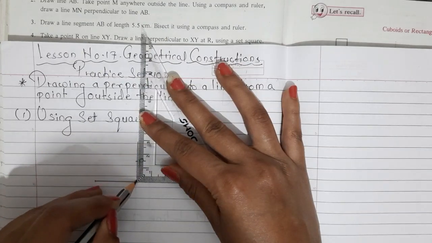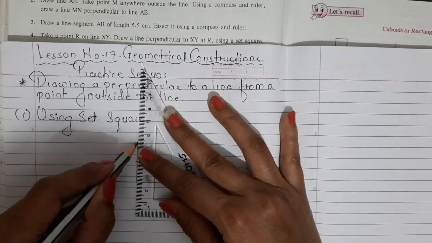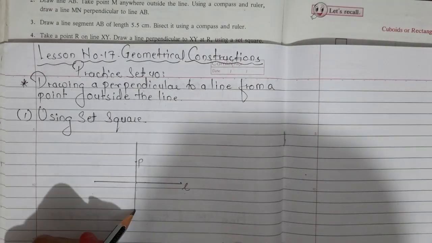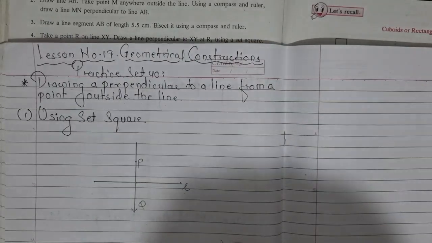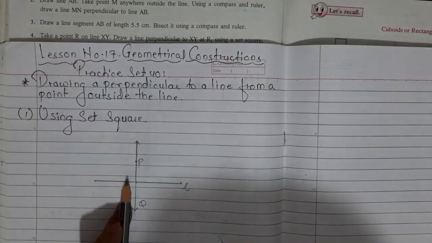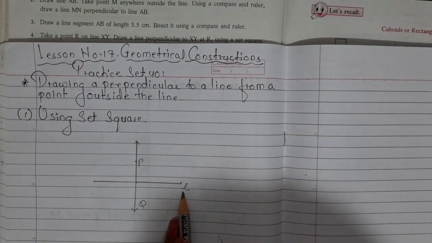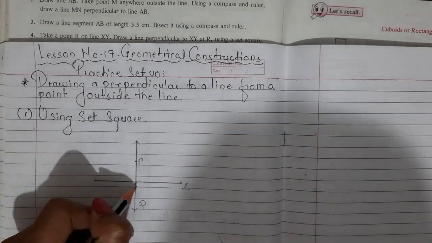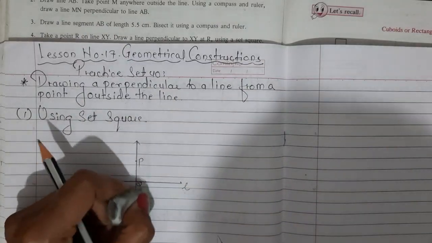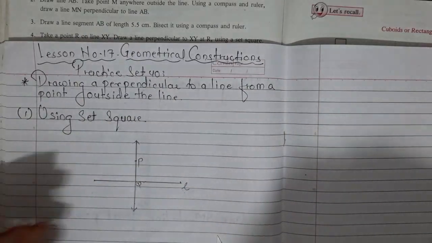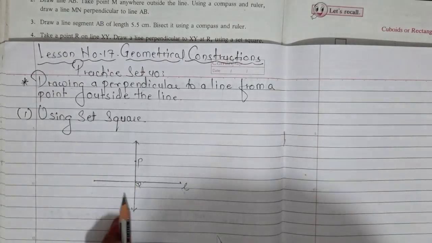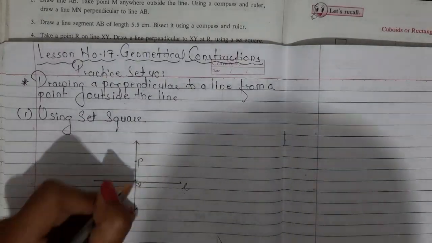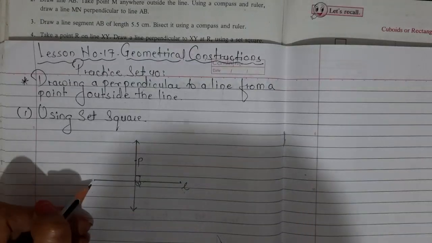I will draw the line which passes through line L like this, and I will name it as Q. So your line PQ is perpendicular to line L. Sorry, you have to write Q at the point where it forms the angle of 90 degrees.